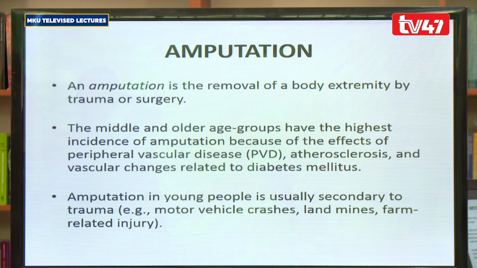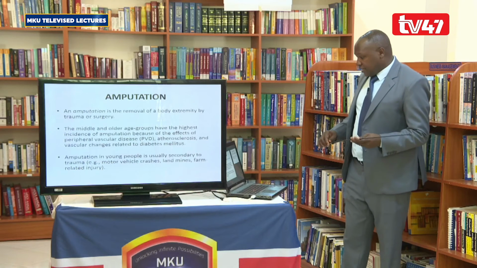A fracture could lead the patient to having an amputation, because when we look at the fracture and realize that even if we try to do the repair in the operating theaters, the repairs will not help the patient much, we decide to do an amputation. An amputation is removal of the extremity due to trauma, and therefore we do surgery.